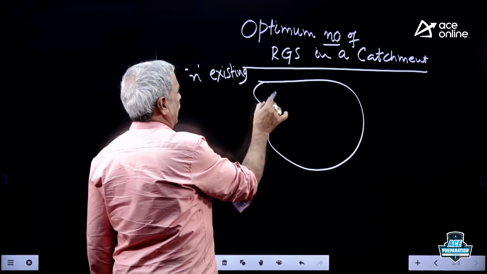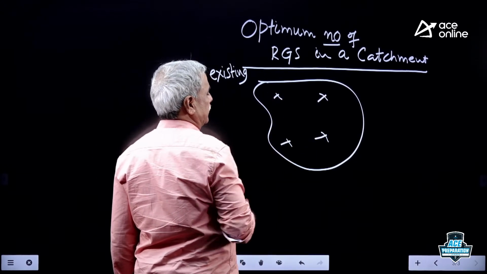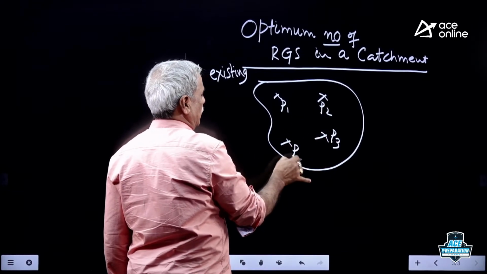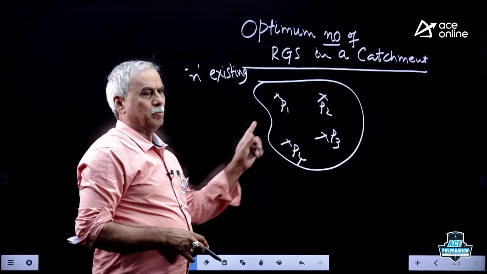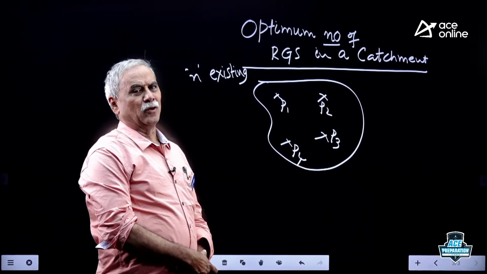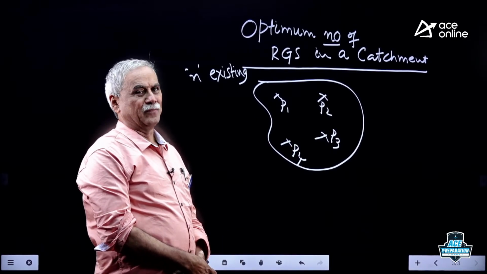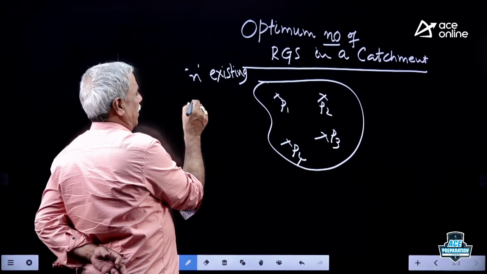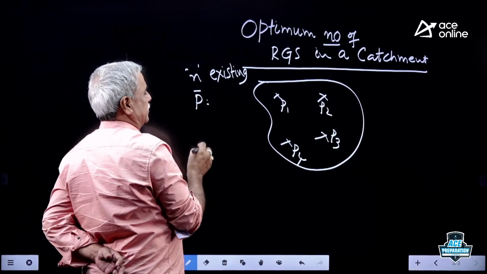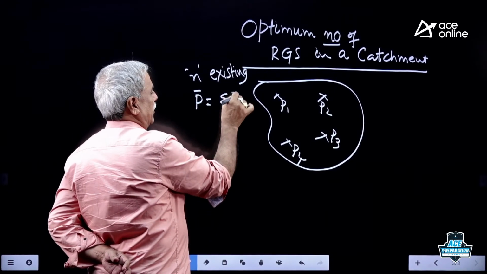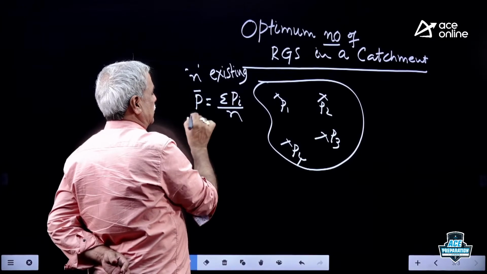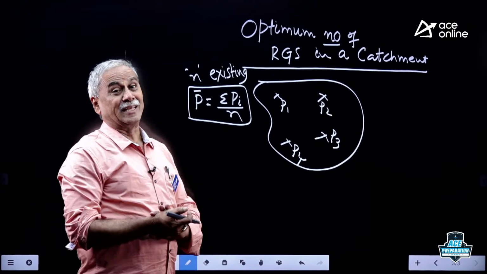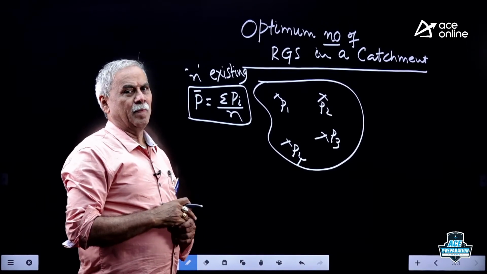We got the rainfall data P1, P2, P3, P4, in the form of mean annual rainfalls. Once we get the rainfall data, we calculate P bar, the sum of the rainfalls of existing rain gauge stations divided by the number of rain gauge stations, which gives the average depth of rainfall.